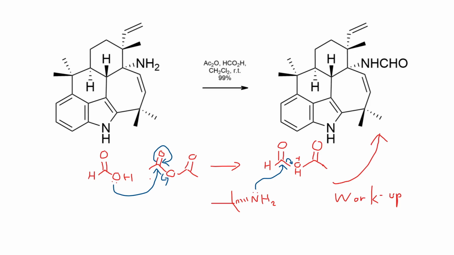The methanoic acid is going to attack this acetic anhydride and knock it off, and then NH2 is going to attack this big bunch of this reaction. Yeah, this one is essentially part of these two reactants, and then the nitrogen will attack this acid site, making it just like this. So the formamide is produced. Nothing too special.